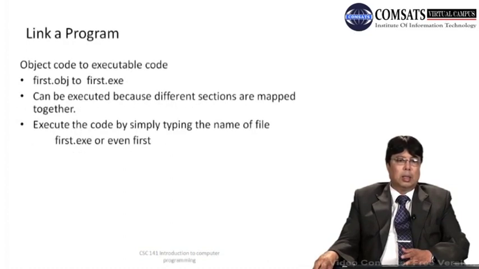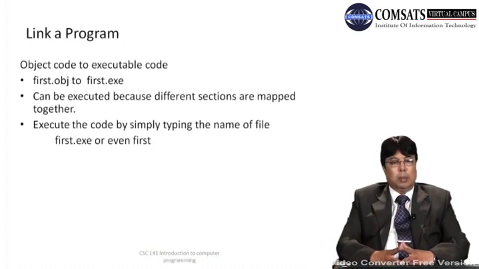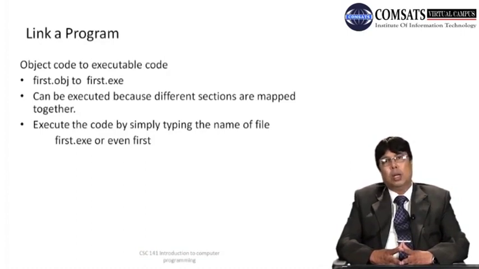Next step is, okay, quickly repeat. As I said, the compiler translates source code to object code, whereas the linker translates the object code to the executable code. So if you have a program named first.cpp, it was your source code, you have compiled that program, the compiler will output the result in first.obj.